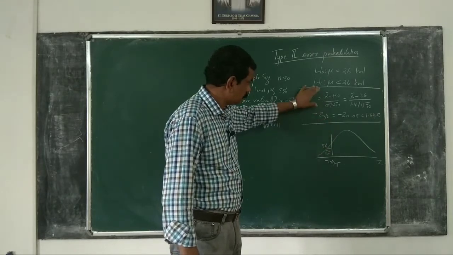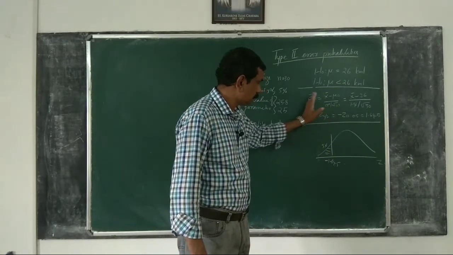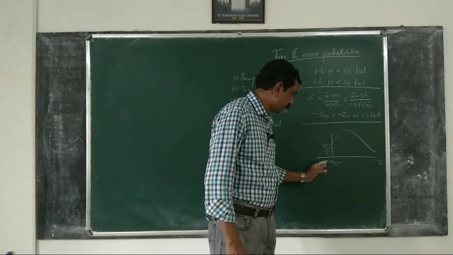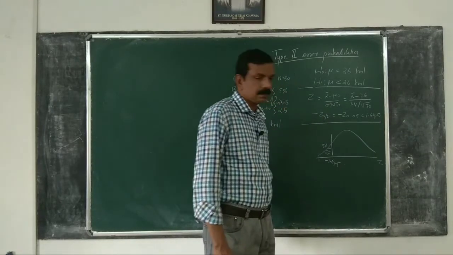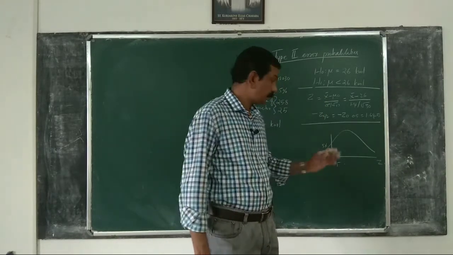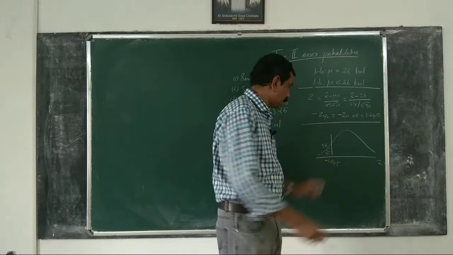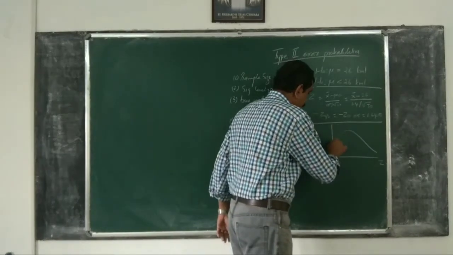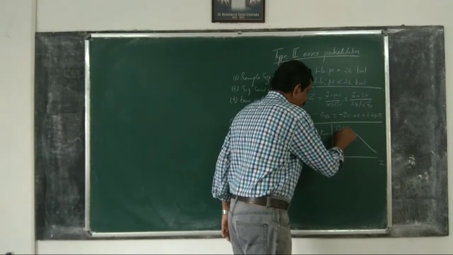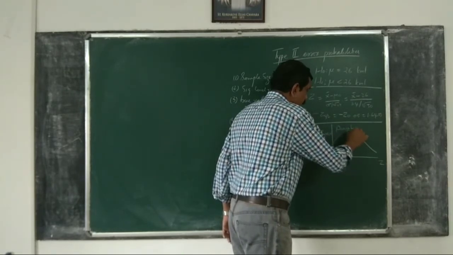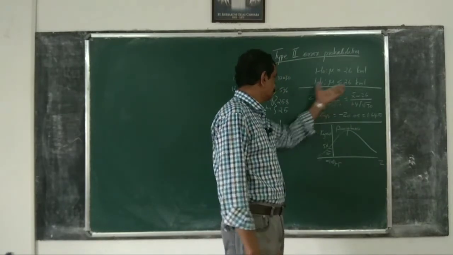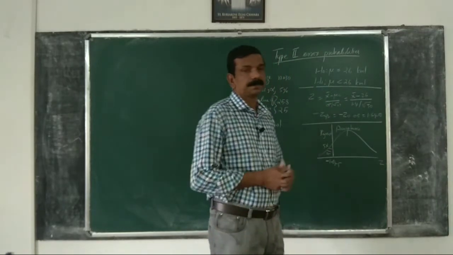If the value of Z from the sample is less than minus 1.645, we reject H0. Otherwise we accept. So this is the rejection region, and this is the acceptance region for H0, given all this information.